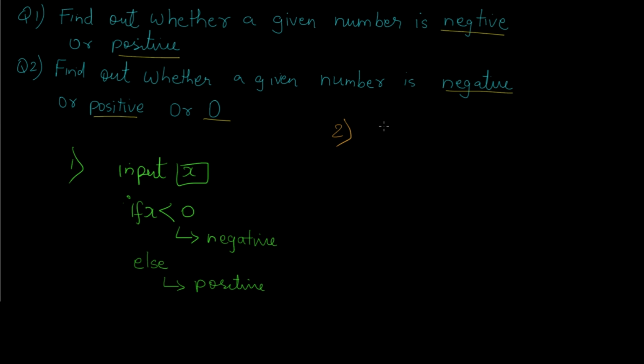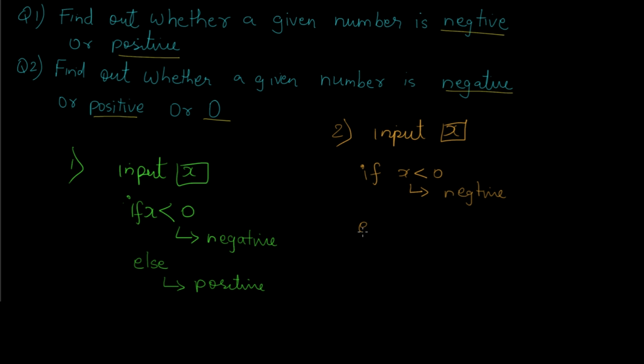So let's assess the second question. In the second question also we have to first take the input. So we take the input and store it in a variable named x, and we'll first have to check if x is less than 0, that is, is x a negative number? If this condition is true, we have to print it is a negative number.